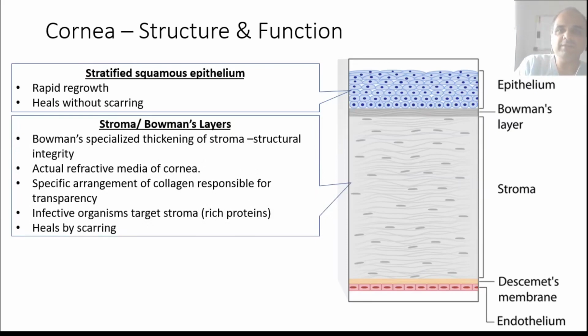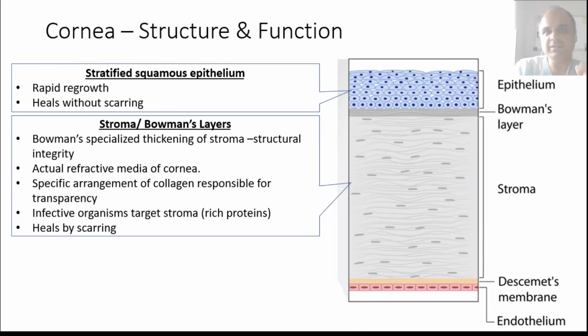So the stroma is the bulk of the cornea. This is the main refractive medium of the cornea, and it has transparency because of the way the collagen fibers are arranged within the stroma as specific thickness bundles so that they allow light to pass through.